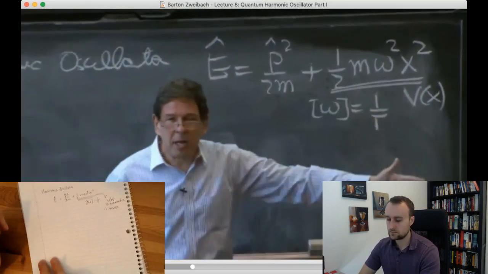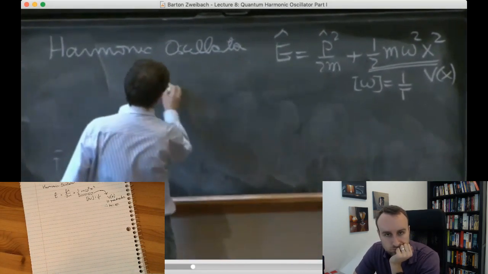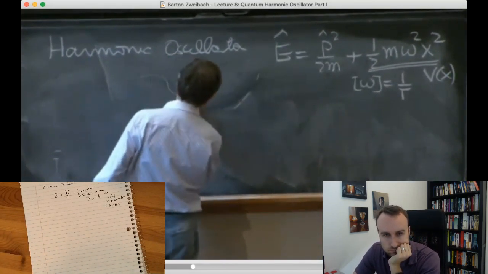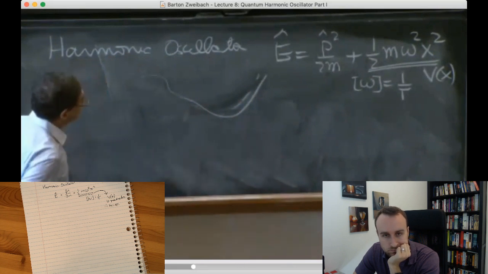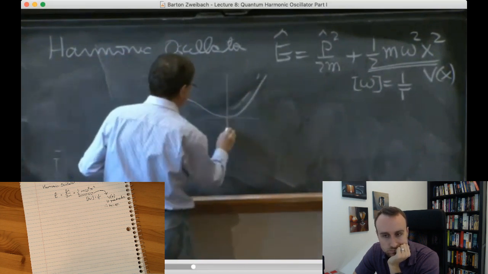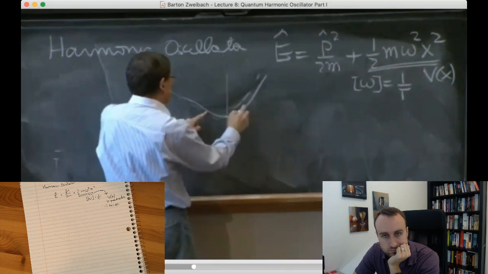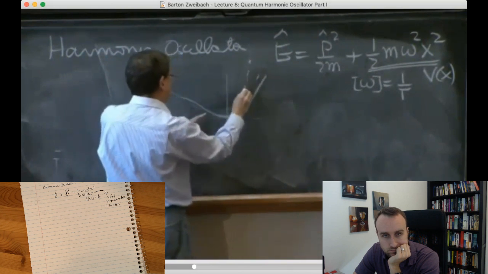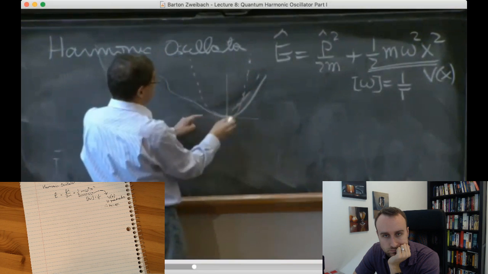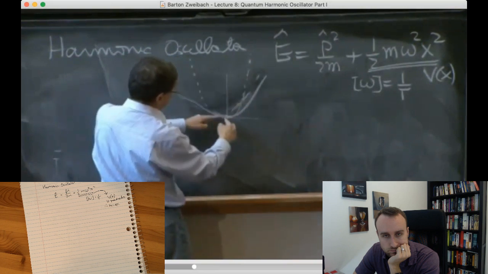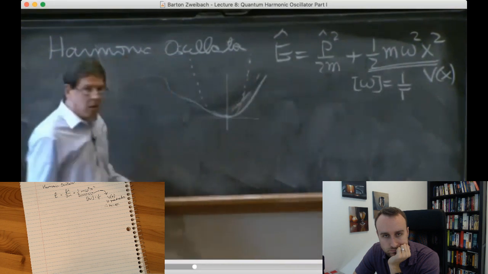And why is this useful? Because any rather general potential, whenever you have a minimum where the derivative vanishes, then the second derivative need not vanish, and it's a good approximation to think of the potential at the minimum as a quadratic potential. It fits the potential nicely over a good region.